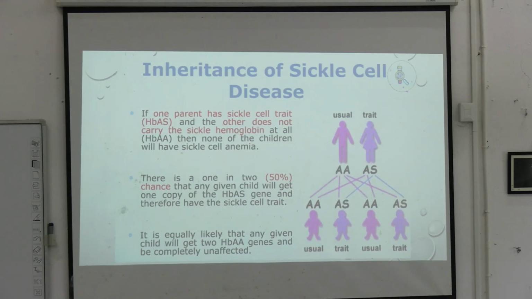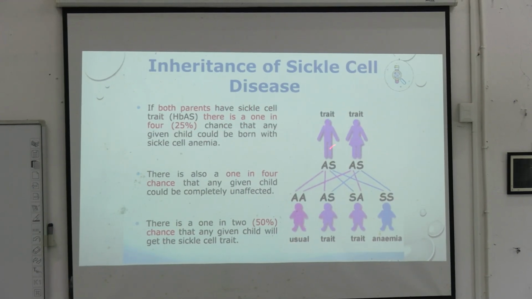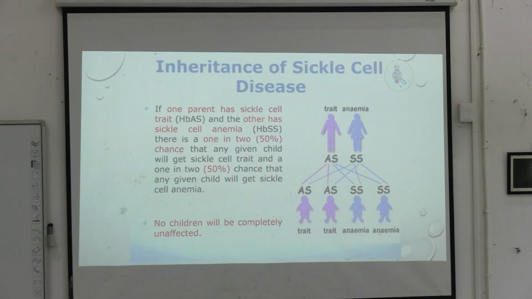If both parents have a sickle cell trait, there will be a 50% chance of the children being trait, and one child will have the probability of developing sickle cell disease.